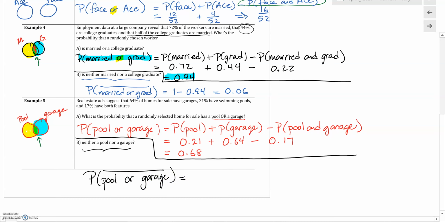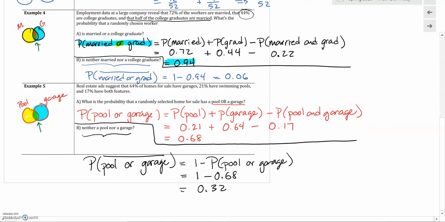And just like we did with the prior example, easiest way to do this is recognize that this is a complement, so 1 minus the probability of this event, the probability of getting a pool or a garage. So we already calculated that probability at 68%, so that would be 0.32, or 32% of homes have neither a pool or a garage, at least according to this real estate listing.